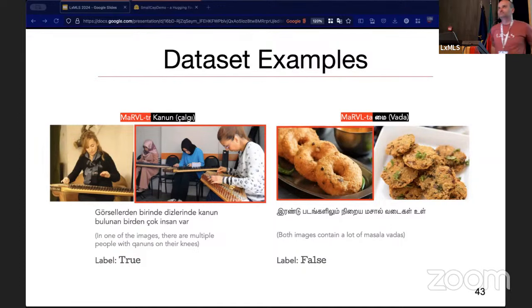The dish is vada. Yeah, hence the label is false.